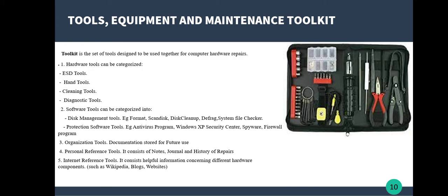When we are talking about the electrostatic discharge tool, first of all, you have to know the meaning of electrostatic discharge. This is the discharge of electric power in a device, which can cause harm to the computer's components. An example is rubbing a pen in the hair, so that some electric charges are present there.